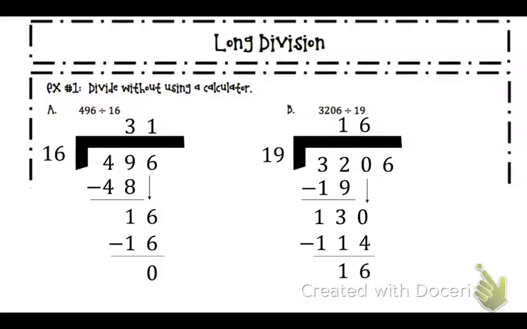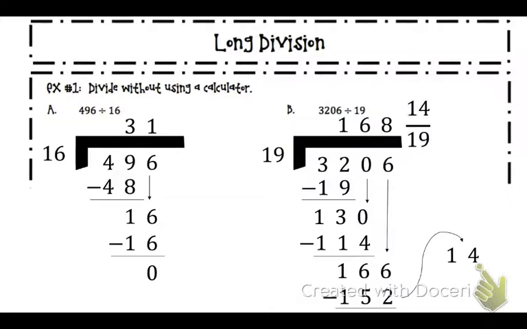Subtract. You're left with 16. Bring down the 6. How many times does 19 go into 166? It's 8 times. 8 times 19 is 152. Subtract that. You're left with 14. And we don't have any other numbers to bring down, so that's our remainder, and we're just going to put it as a fraction. So it's going to be 14 over 19. So it's 168 and 14 over 19.